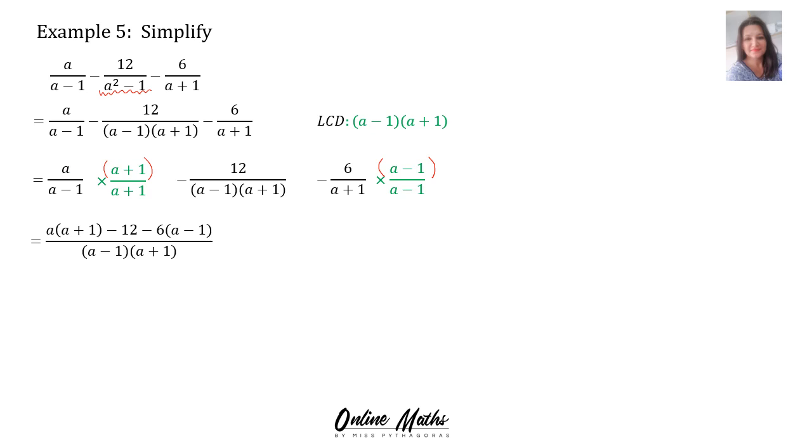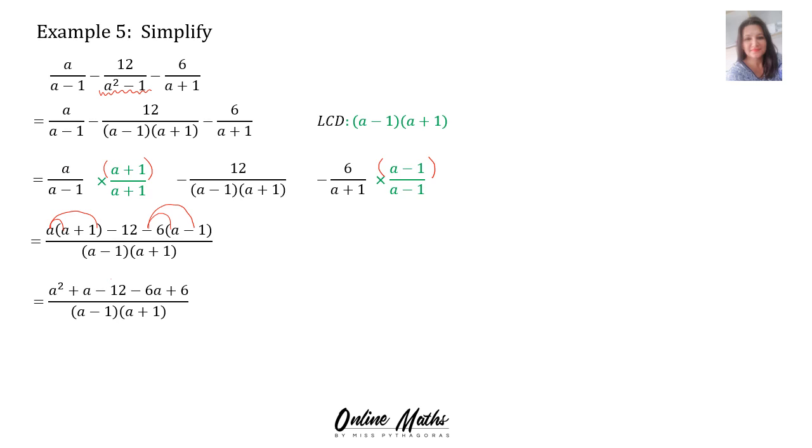The denominator is a minus 1, a plus 1. And now you can see I gave you the brackets there. Then you're going to say a times a is a squared. A times 1 is a. There's your minus 12. And then minus 6 times a is minus 6a. Minus 6 times minus 1 is plus 6.